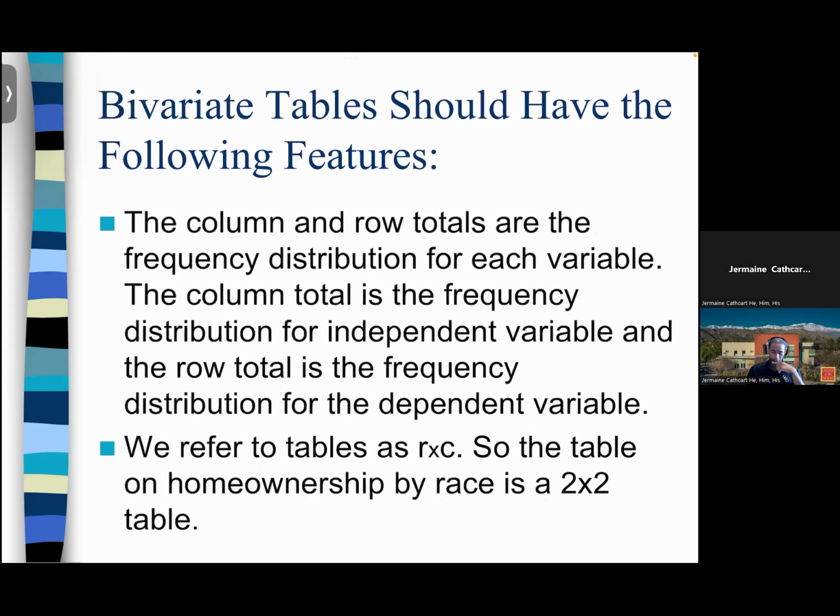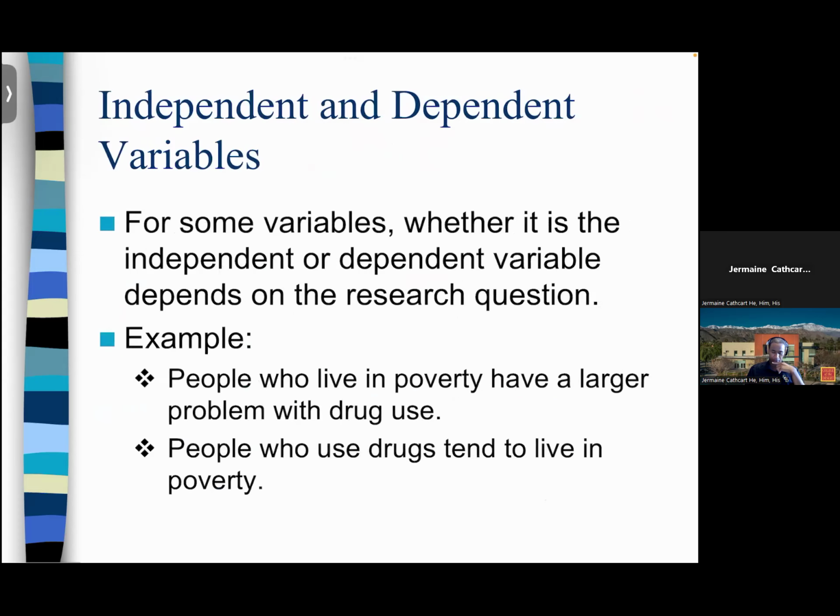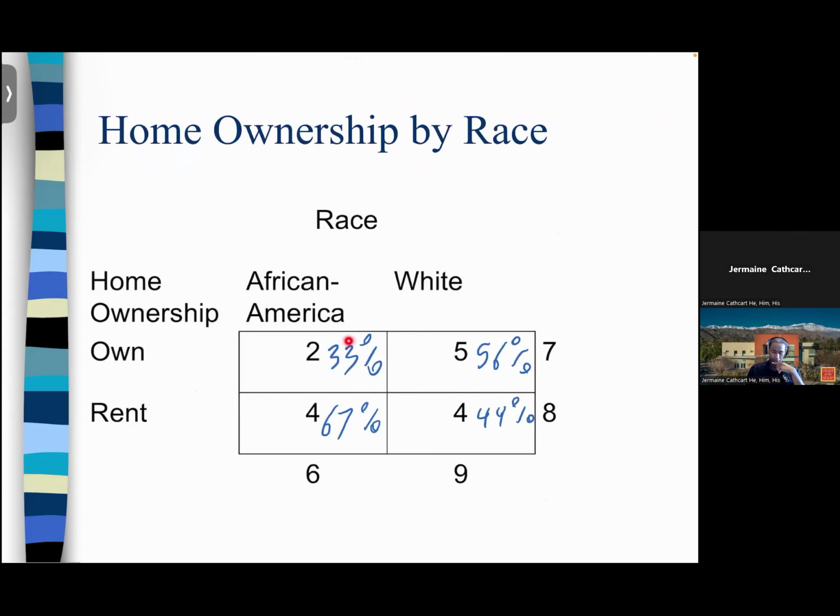Calculate the percentages for the independent variable, the percentages should add up to 100%. And then compare the percentages across the different categories. So how many African Americans own versus white Americans? How many African Americans rent versus white Americans? So that's essentially what that means.